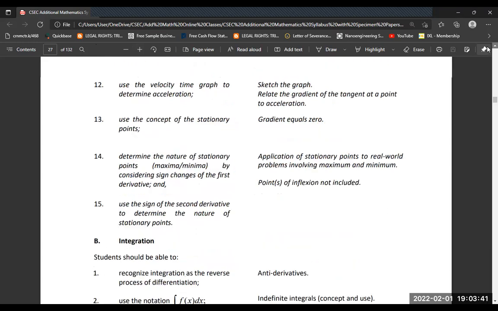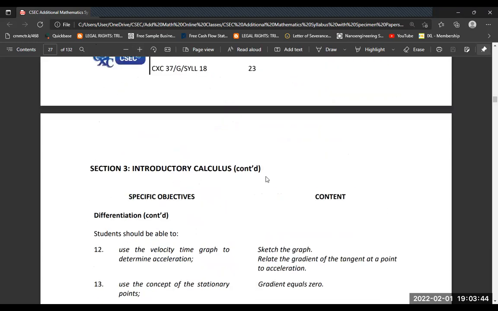So above here is differentiation, right? This whole thing, integration, differentiation, is under introductory calculus, right? So when you're doing calculus, say you decide to do A levels or in university or college, you decide that you want to do some kind of course with calculus. These basics, differentiation, integration, and application would be required for you to do calculus, right?